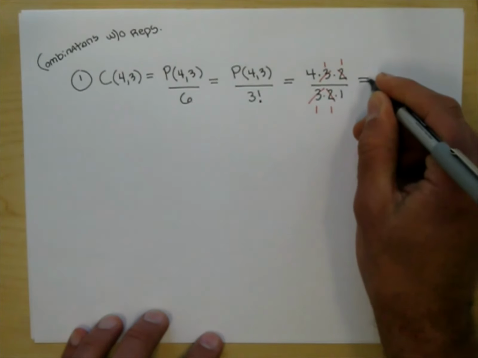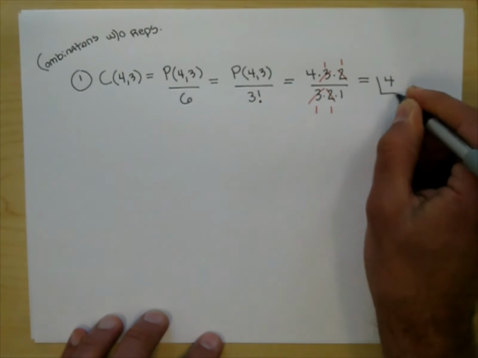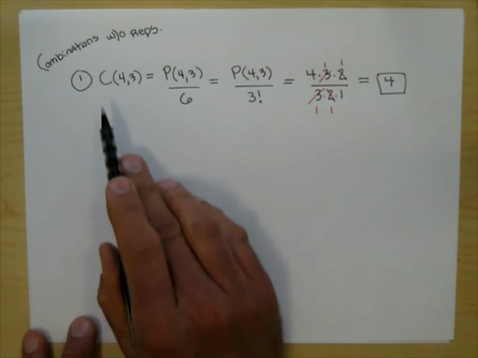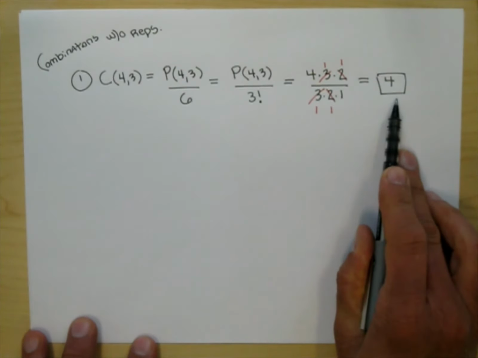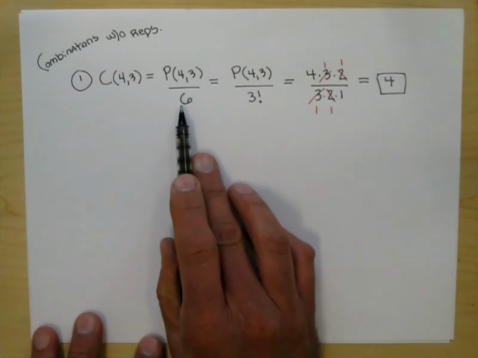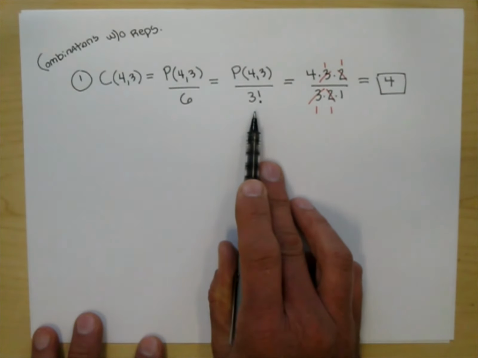So it looks like my answer is 4. So 4 choose 3 is 4. We were able to get that by putting the permutations over 3 factorial.